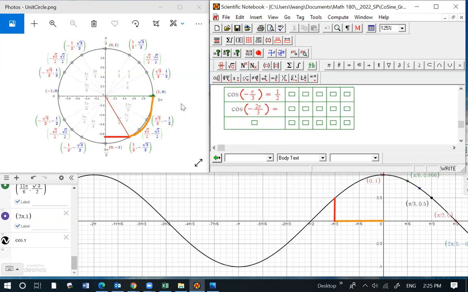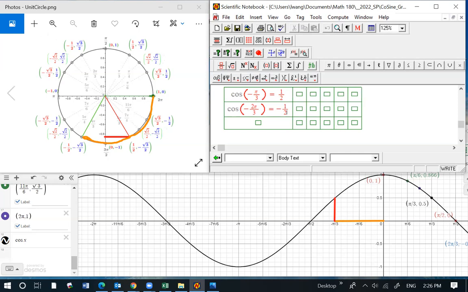We still measure clockwise because the angle is negative. We measure clockwise from here, continue to the terminal side, and that terminal is going to be right here. There we go, we have that point, and the red number is negative half. We already know this value.